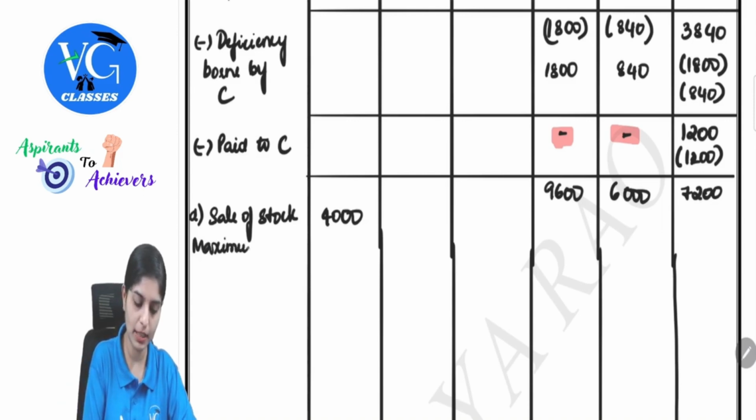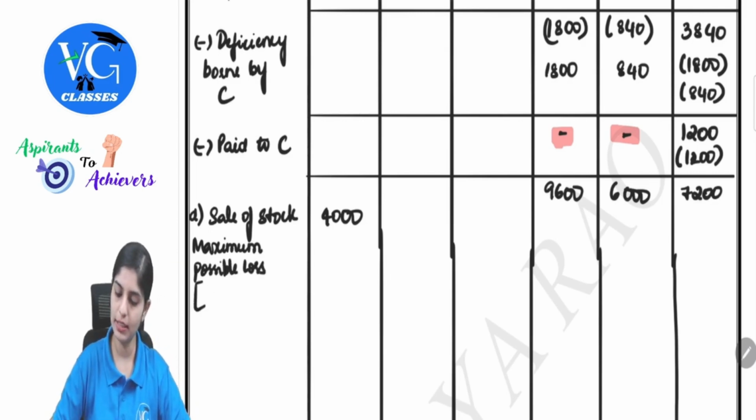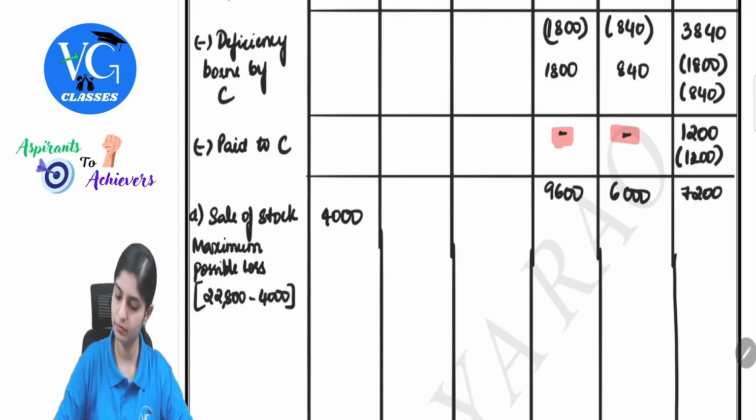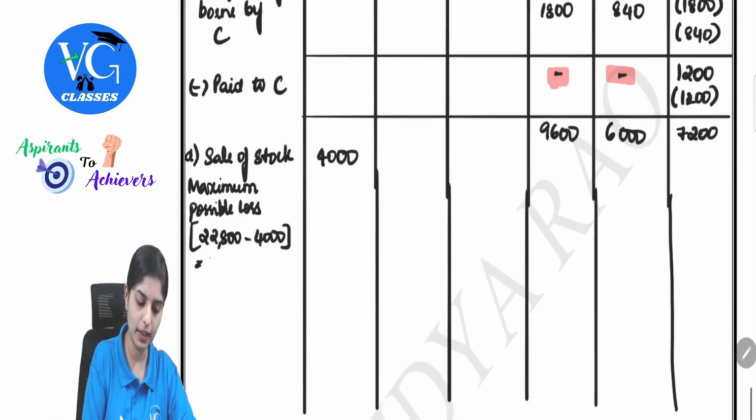This is the maximum realization happening: 9,600 plus 6,000 plus 7,200 is 22,800, minus 4,000, which is 18,800.